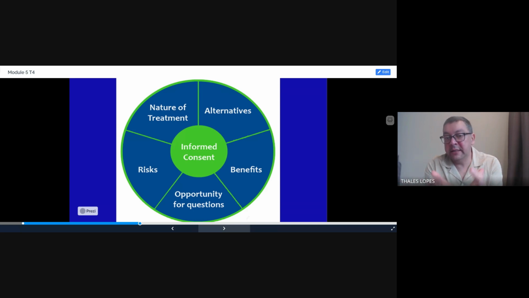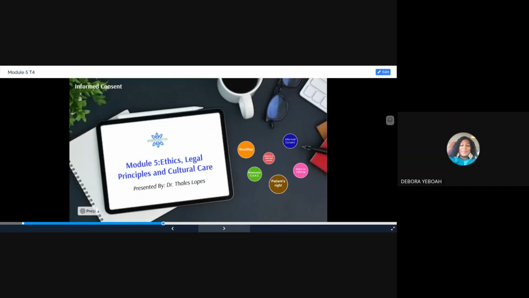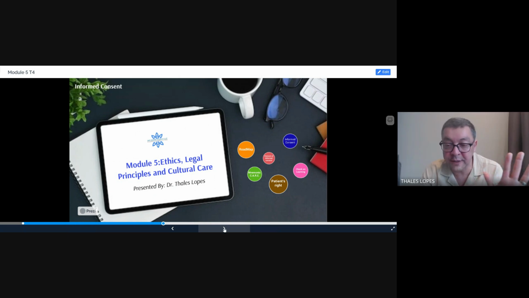So I just gave an example of informed consent in a nutshell for the simplest consultation possible. I give the nature of the treatment, alternatives, the benefit of the medication, opportunities for questions, and the risks involved. And that is your informed consent, which must be signed. So in order for someone to give informed consent, you have to cover those 5 principles.